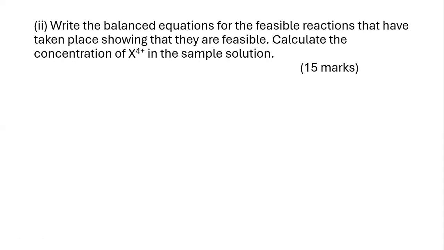Okay. So there are two main reactions taking place. Write half reactions and balance them. Then show that they are feasible by calculating the E naught values, then finally calculate the X4 plus concentration.